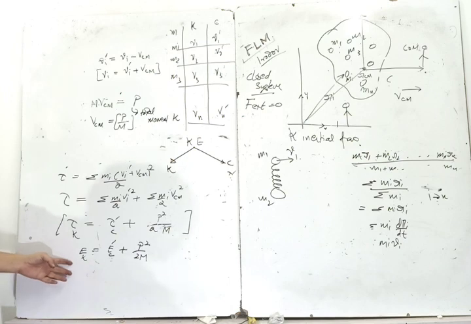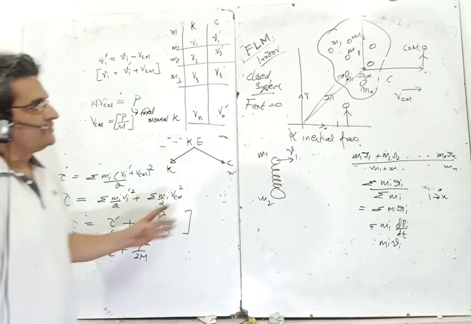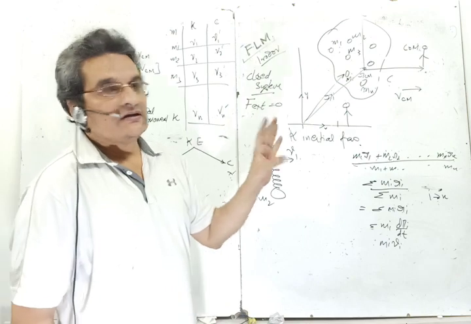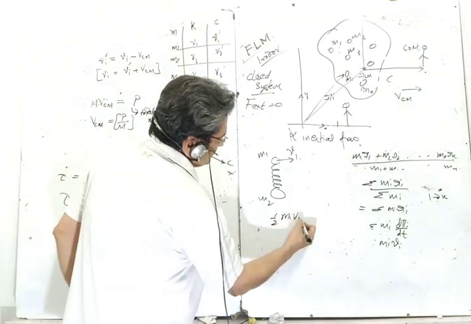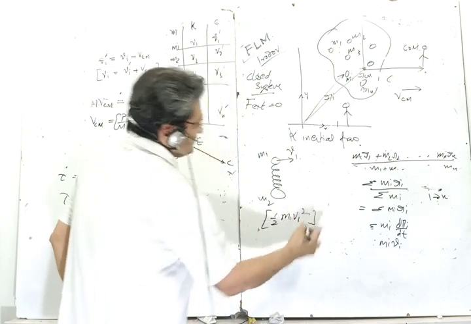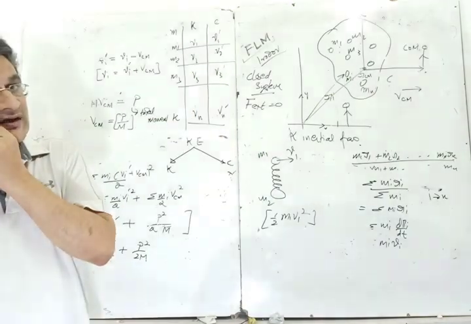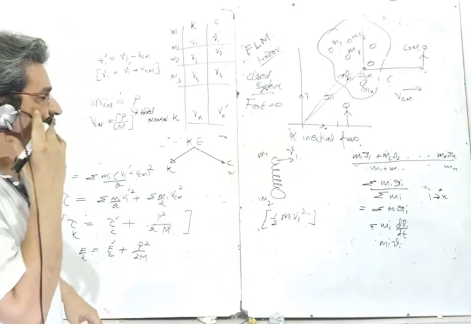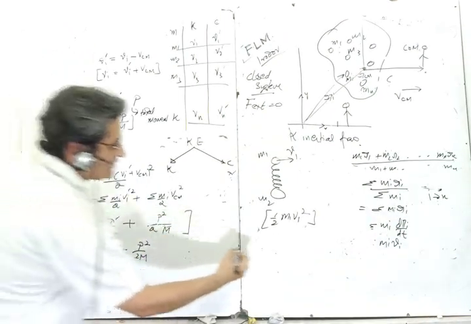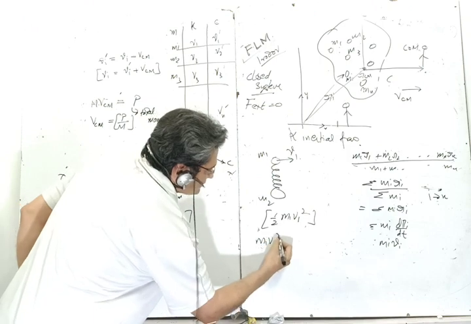So total energy becomes like this. This is the formula. Now what is the energy we have to find in center of mass frame? What is the total energy in K frame? Total energy in K frame is half m1 v1 square, since the initial velocity was given to it as v1. So just write m1 v1 square upon 2.